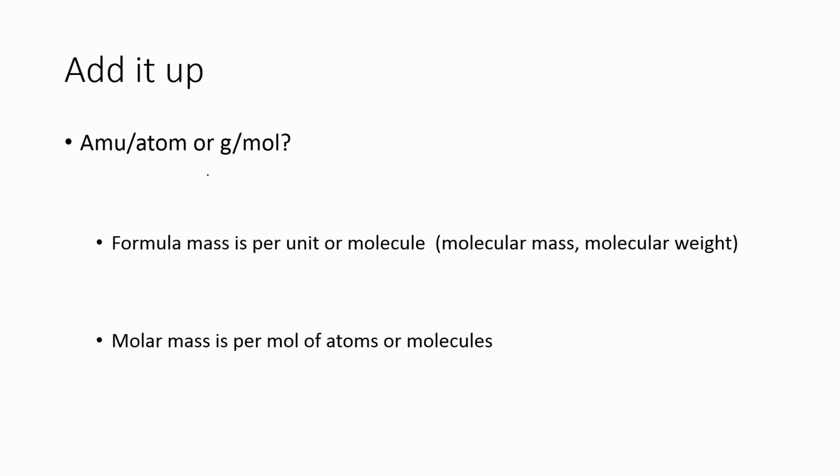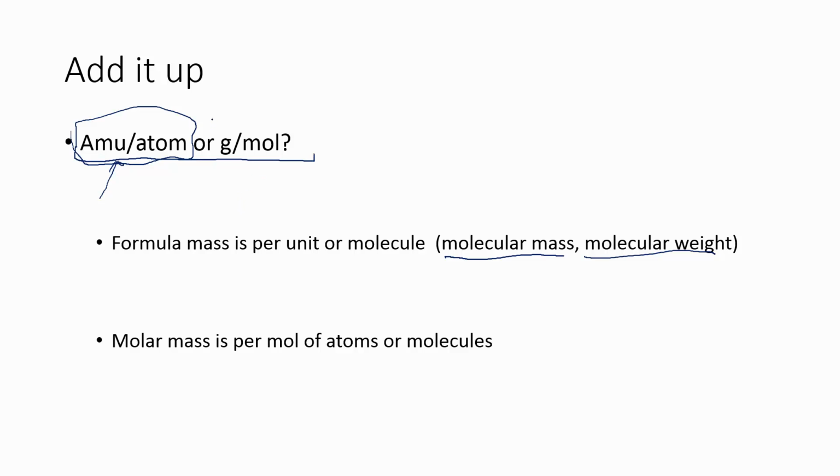Just to get the nomenclature of this idea clear, what we're looking at with formula mass is a weight per unit of the molecule, or of the atom, if we are only looking at one atom. So we're looking at this first ratio here, AMUs per atom. And this is also synonymous with molecular mass and molecular weight.